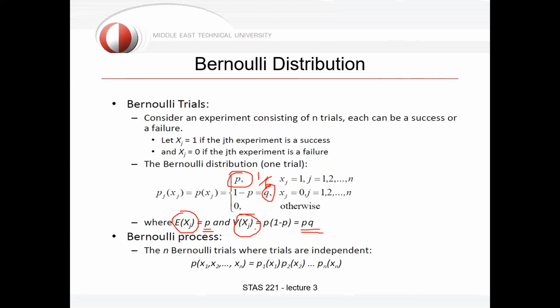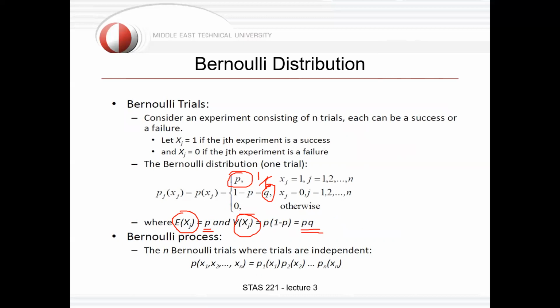If you are interested to know how we show that this is the case, please read the books. Otherwise, proving theorems won't be interesting for computer engineers in general, but in any case, if you are interested, please check the book, and if you have any questions about them, if you don't get how it happened, then please let me know, so we will go through them for sure.